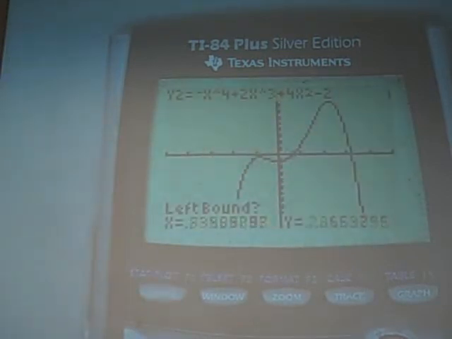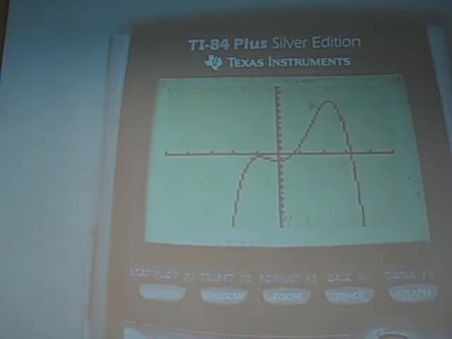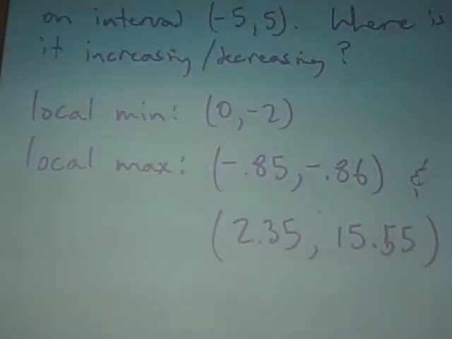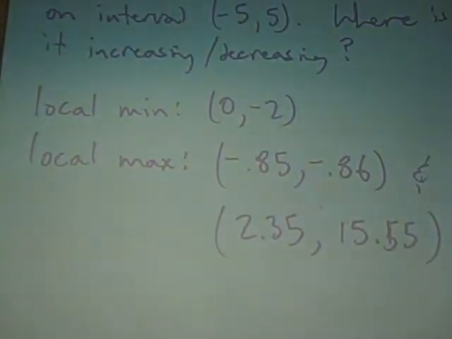So we'll go just to the left of it and push enter. Just to the right of it, push enter, give it a guess, and the guess doesn't really matter a whole lot. And it looks like that's (2.35, 15.55). So this is how we write our local max and min.